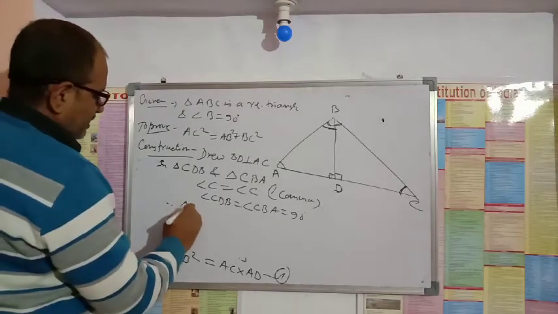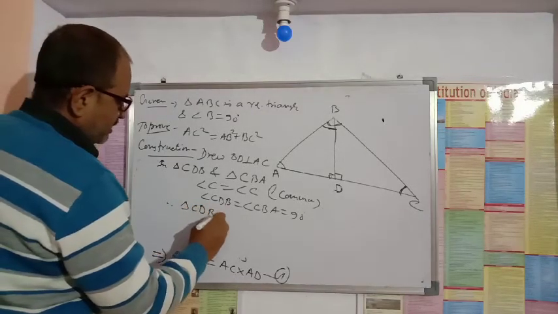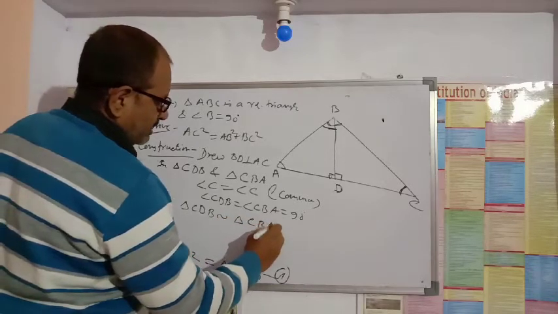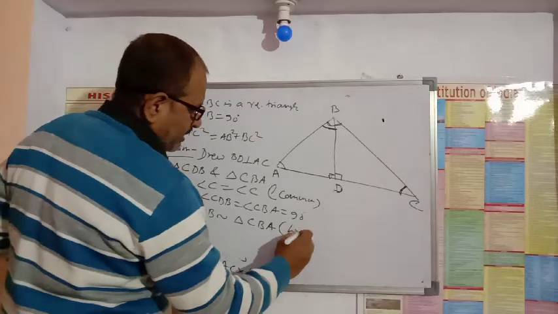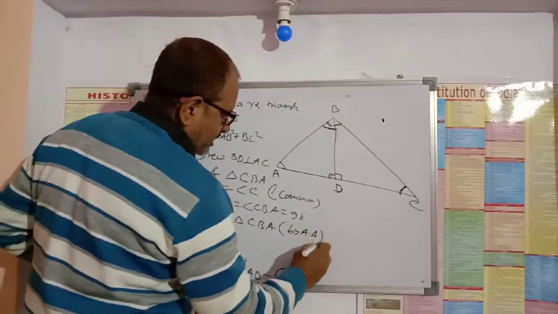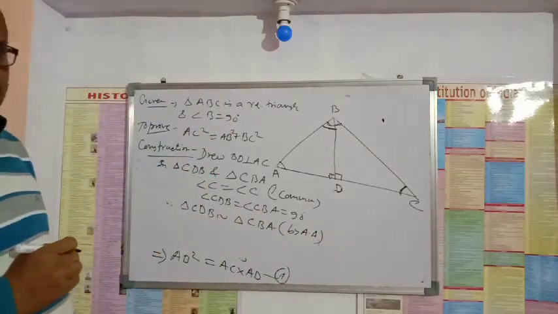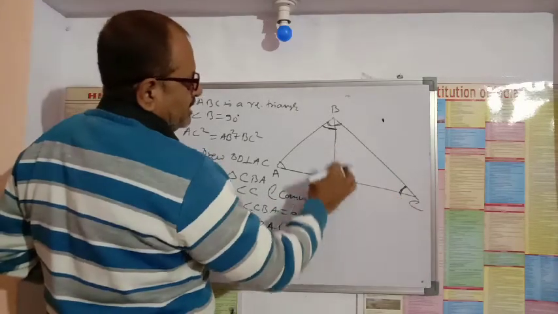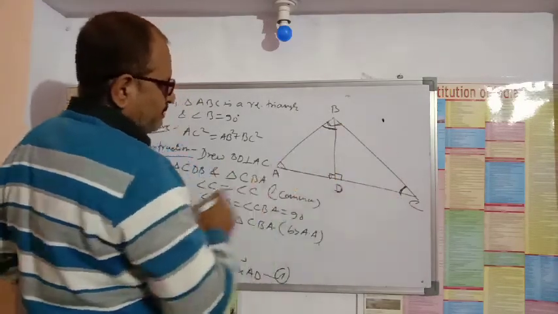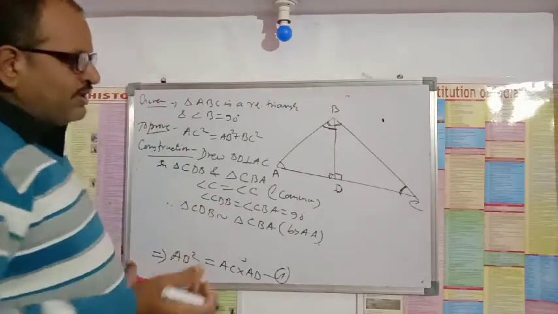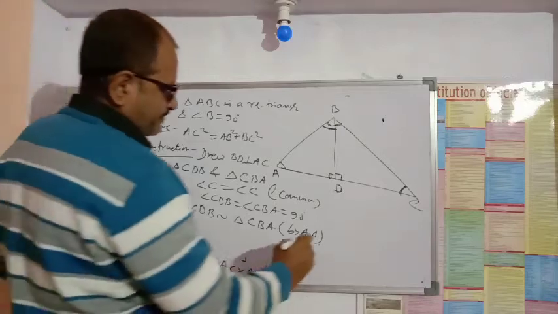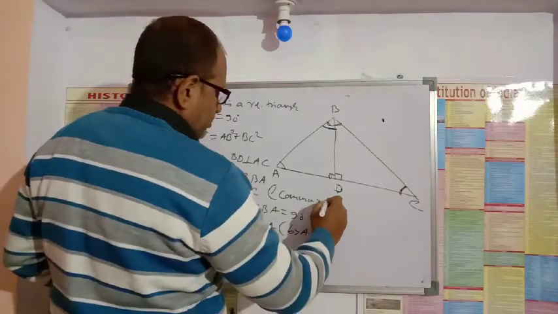So therefore triangle CDB is similar to triangle CBA by the angle axiom of similarity. Now the triangles CDB and CBA are similar, so again we will write the ratio of their corresponding sides as equal.